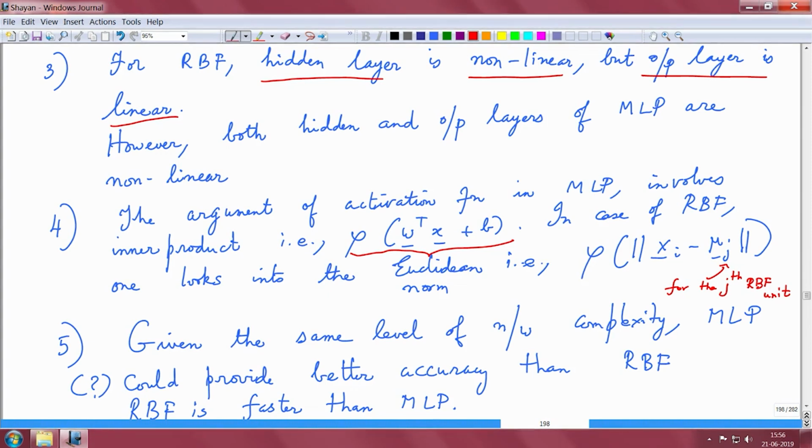And the last difference, but not the least, is that given the same level of network complexity, one can heuristically say that the MLP can provide a better accuracy than the RBF. I mean, this is a question mark that I would like to put. This depends on the data and several conditions.